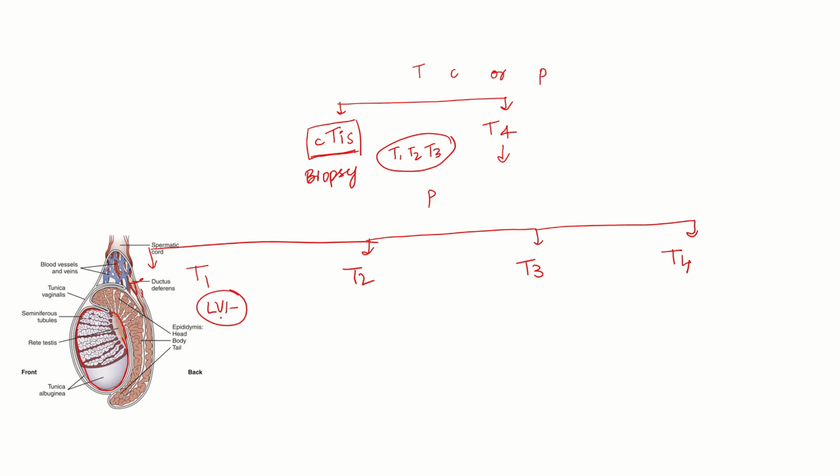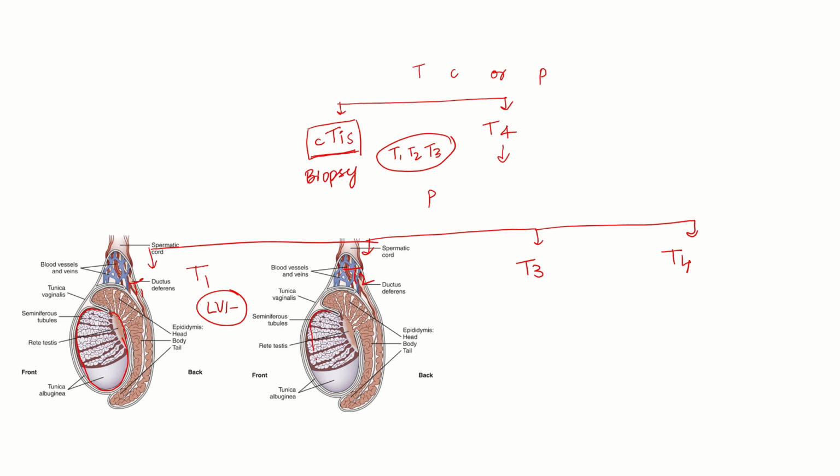If the tumor is limited to testis and rete testis with the presence of lymphovascular invasion, then it is T2. Here we can see this part. This is testis, and all the seminiferous tubules open into the rete testis. Similarly, in T2, there is involvement of testis and rete testis with presence of lymphovascular invasion.